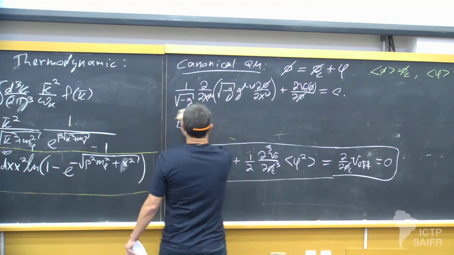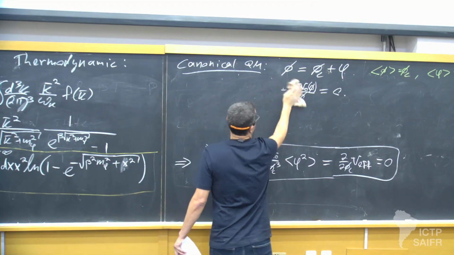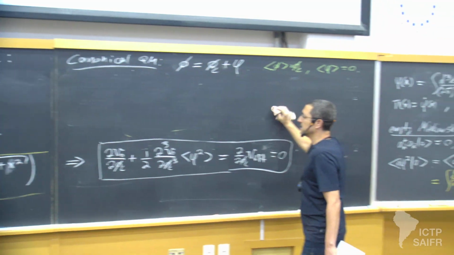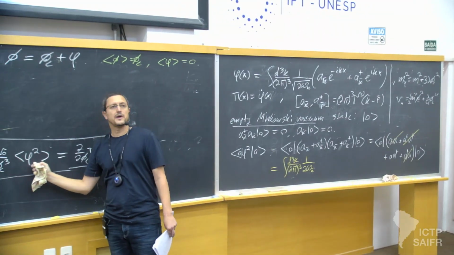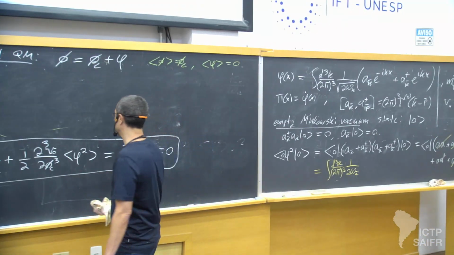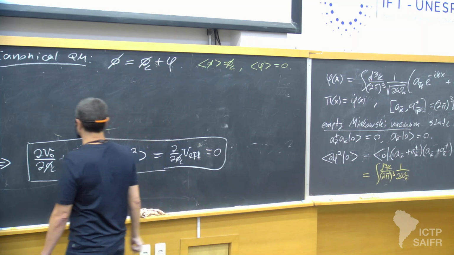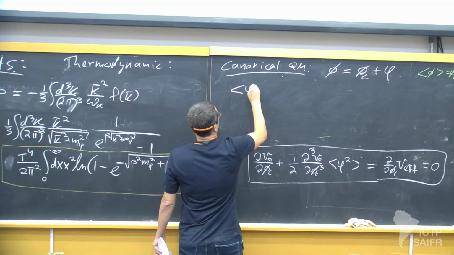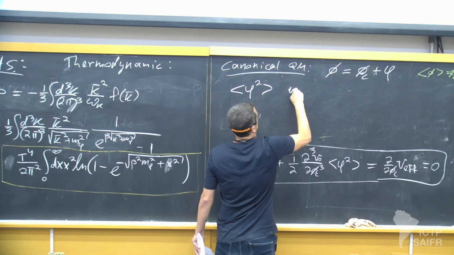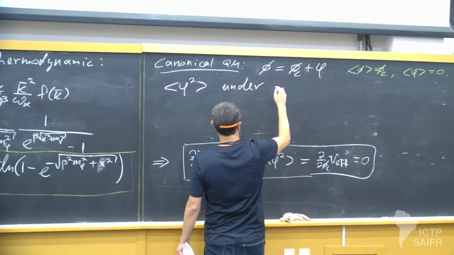And my task is very obvious. My task is just to calculate now the expectation value of the square of phi under a more interesting state. So I need this under an interesting state.